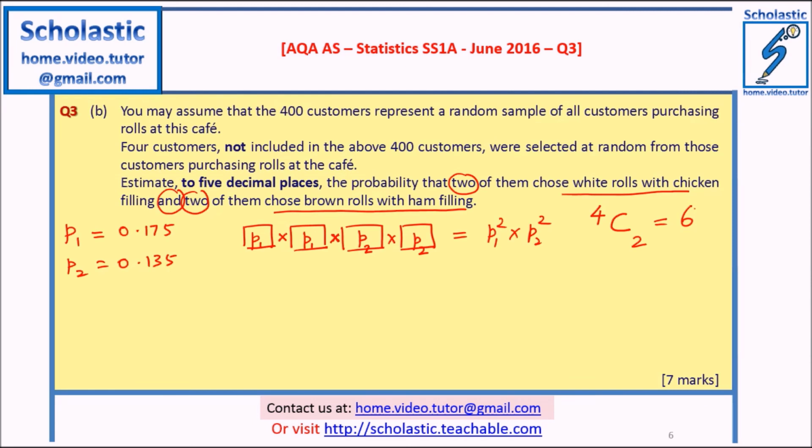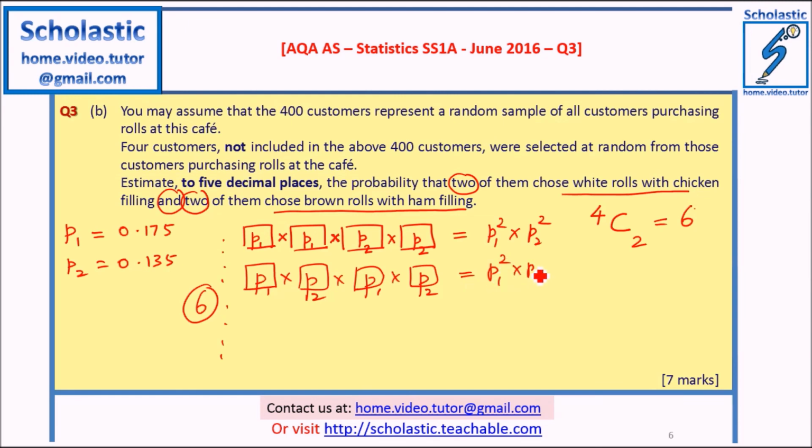If you write the different combinations, you can have P1 times P2 times P1 times P2. So there can always be only two P1s and two P2s. Like that, if you write, there are 6 different combinations, each of them equal to the same probability, P1 squared, P2 squared.